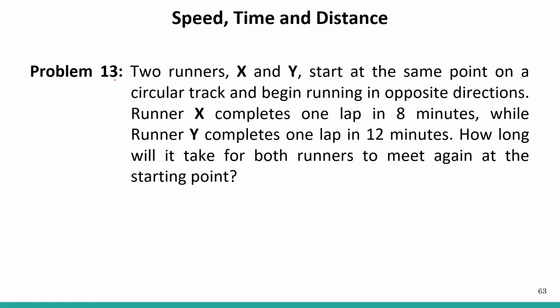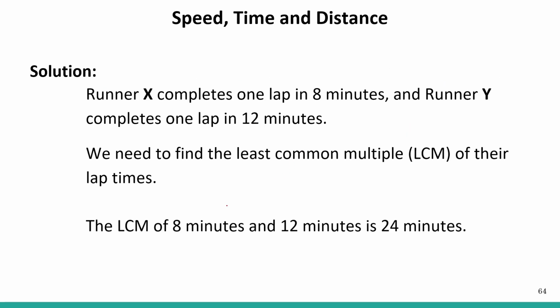Let's see problem number 13. Two runners X and Y start at the same point on a circular track and begin running in opposite directions. Runner X completes one lap in 8 minutes and runner Y completes the lap in 12 minutes. How long will it take for both the runners to meet again at the starting point? What we do is we take the LCM of 8 and 12.